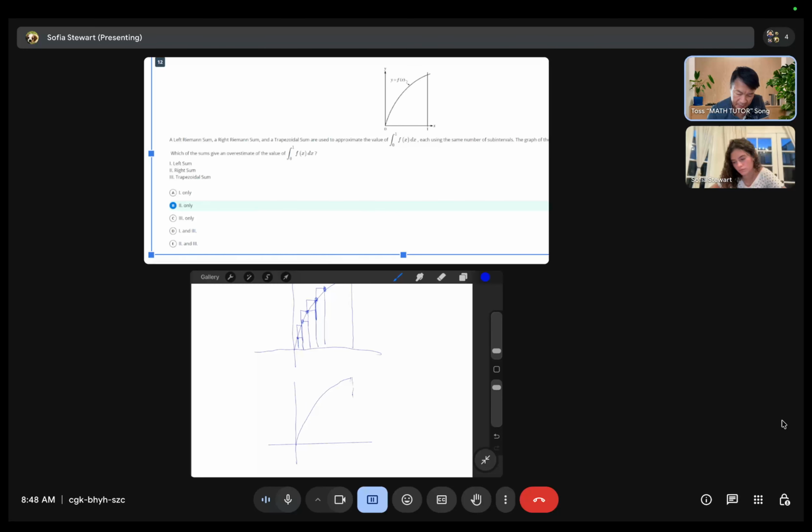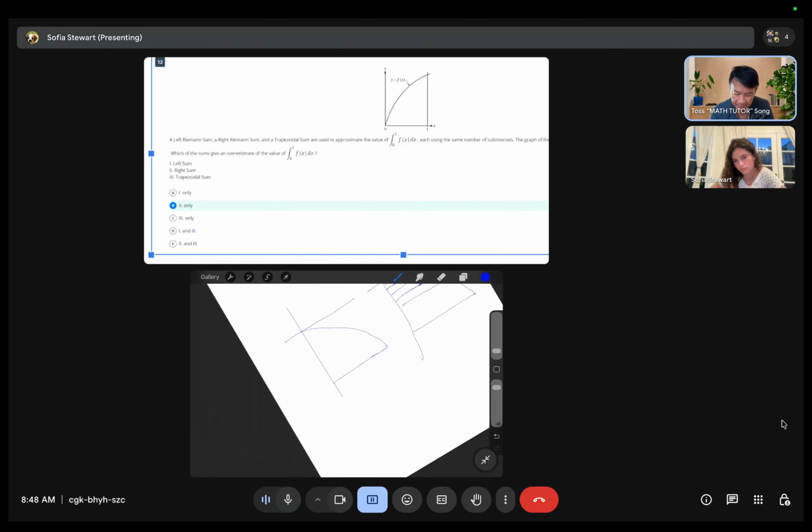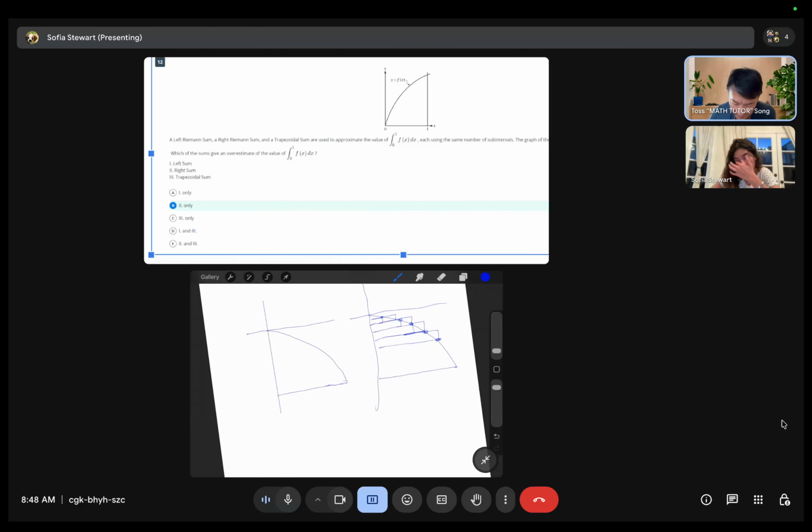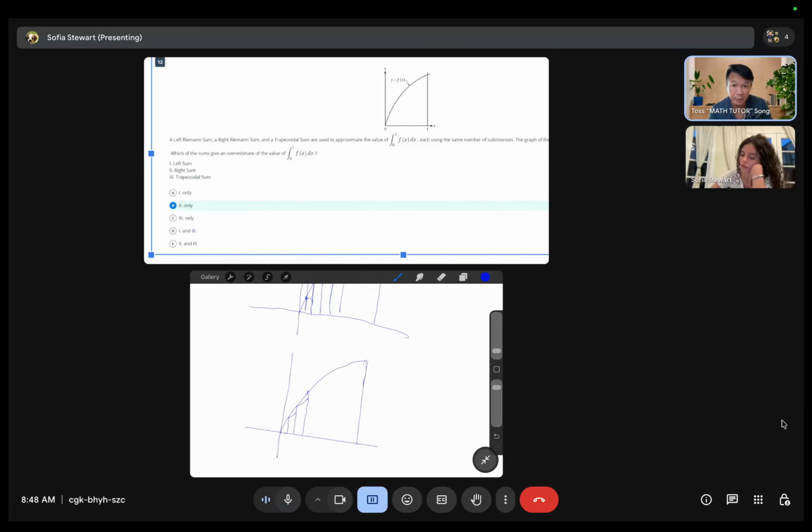You may not have seen this, but the trapezoid looks like this. It's the same idea, but it's under. Therefore, it will not work. It's the most accurate, though, but it's not what they're asking.